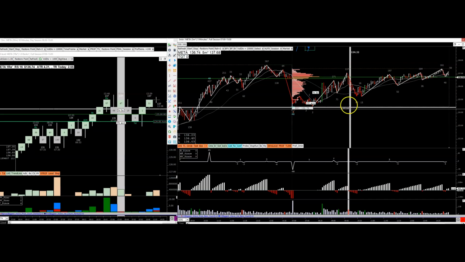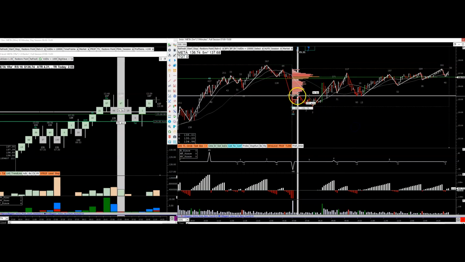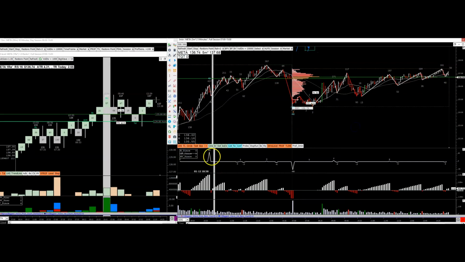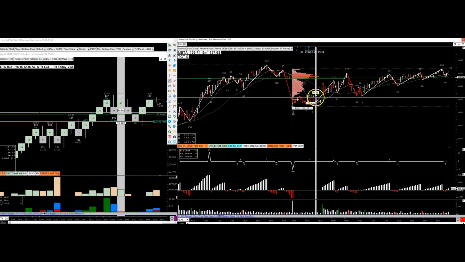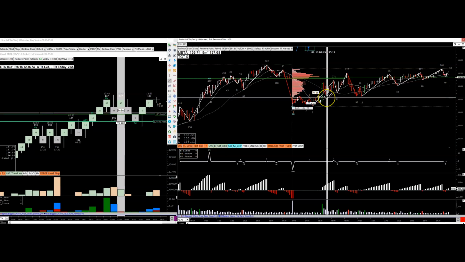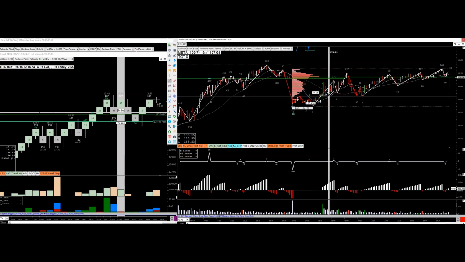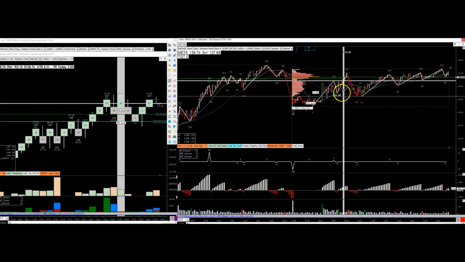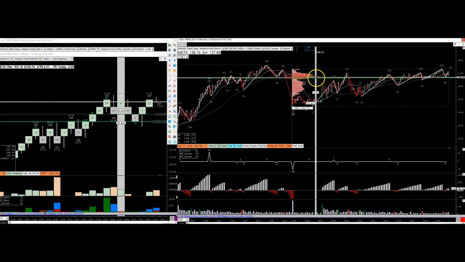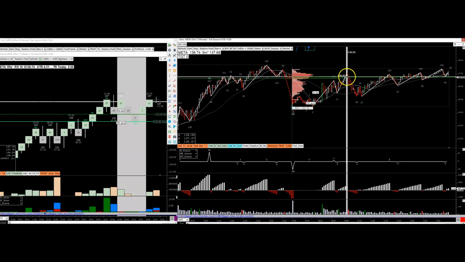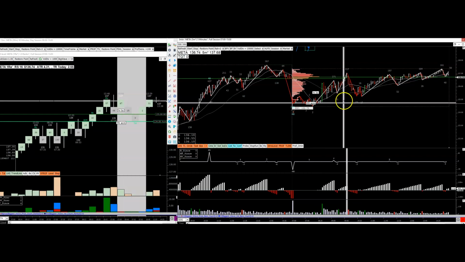All right, so that's what happened here, and the pullback and it tested. Where's that test? Right there on this high test, and then it offered about $2 right into where that VPOC area or the POC or whatever, that right there. Tap, and that's where you get out.